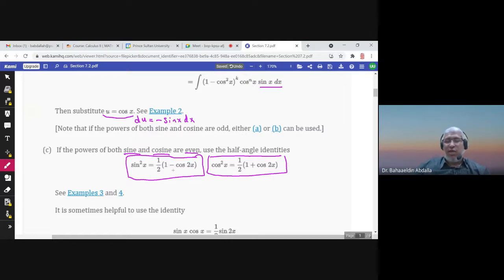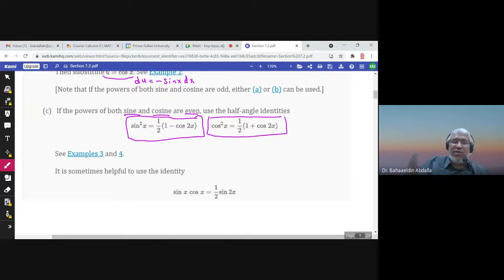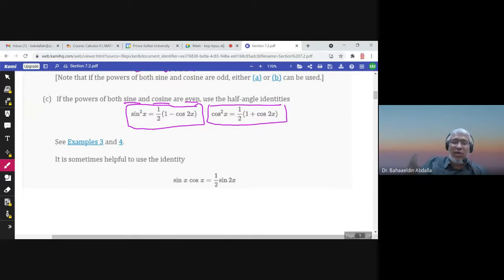So sine negative in the middle, cosine positive in the middle. By changing this, here we have sine square, here we have cosine to the power 1. So this will make the integral easier to evaluate. Reducing the power from 2 to 1 will help us integrate sine square and cosine square.